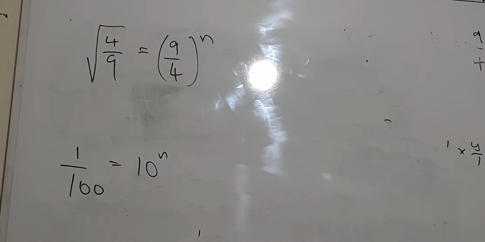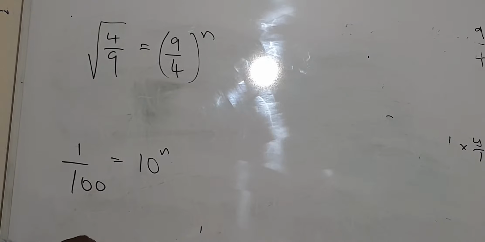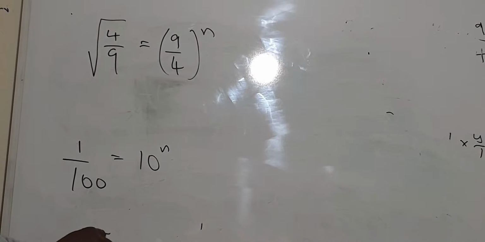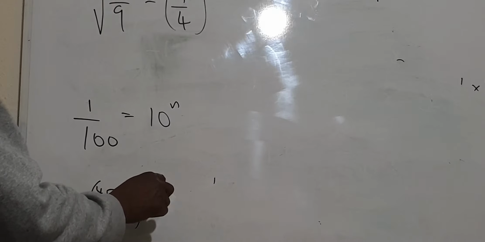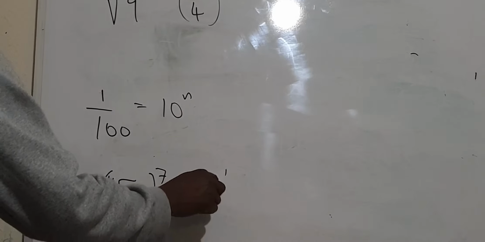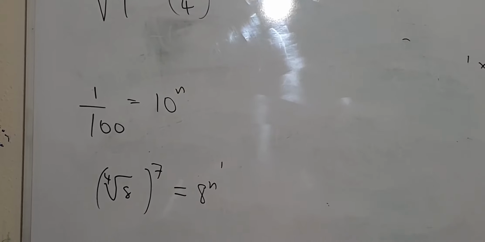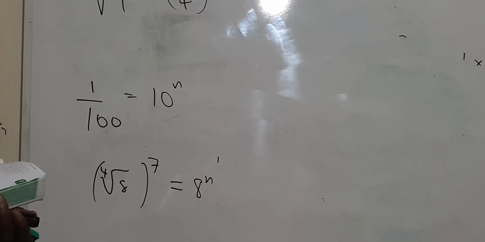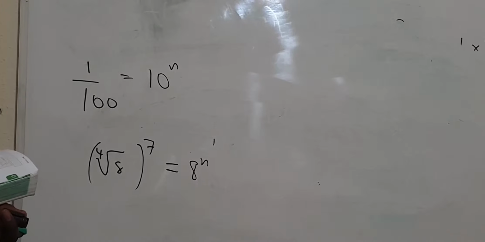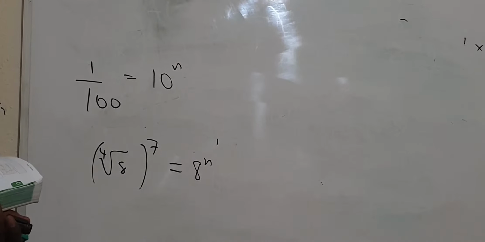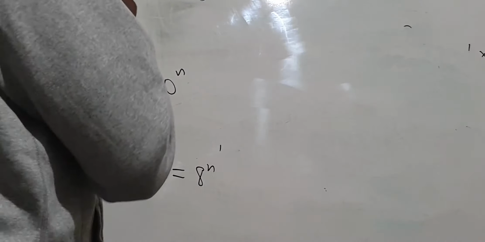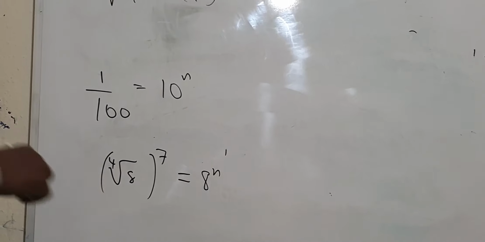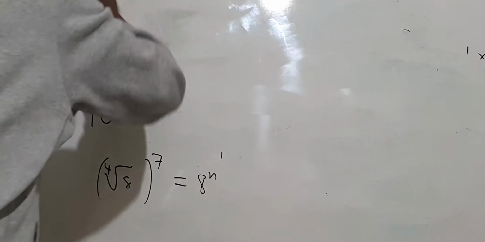And an even more difficult one: the 4th root of 8, all that to power 7, is equal to 8 to power n. We are going to do this in advanced indices, so you don't have to worry about that. Let me leave this for advanced indices, so I don't kill you.